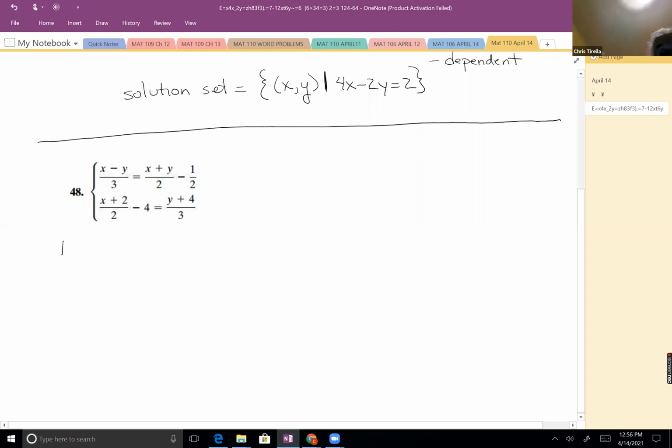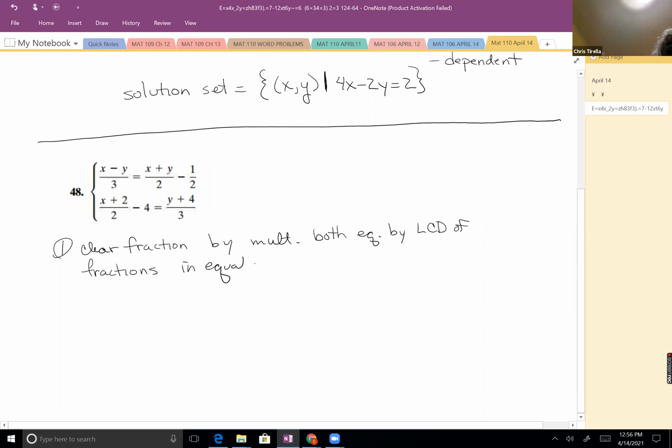What we're going to do first is clear the fractions by multiplying both equations by the least common denominator of the fractions within the equation. Then we're going to put the equation in standard form.